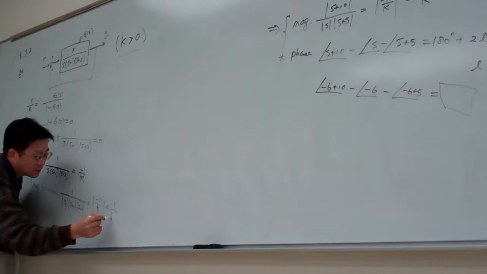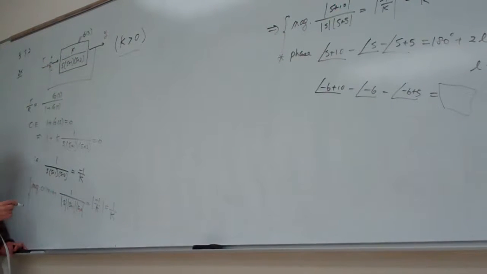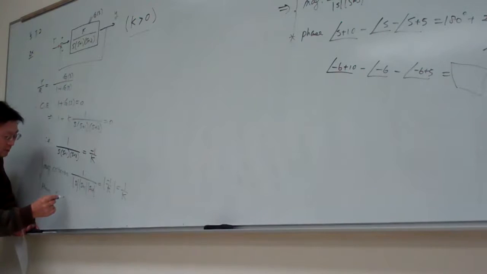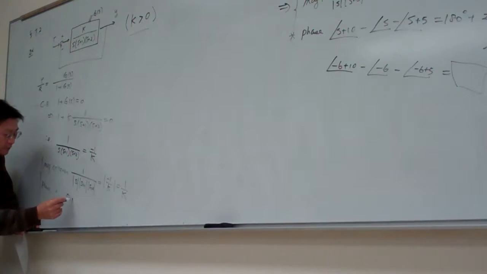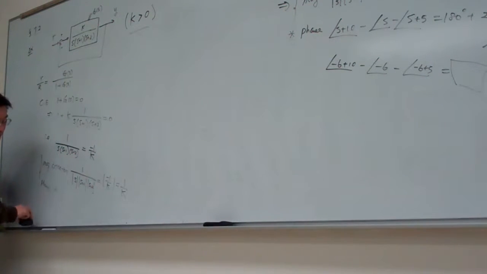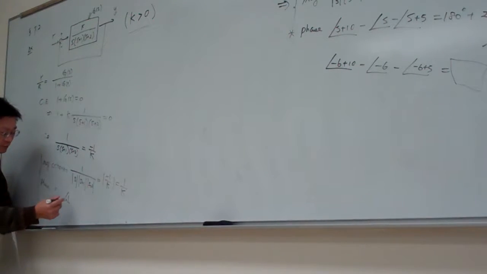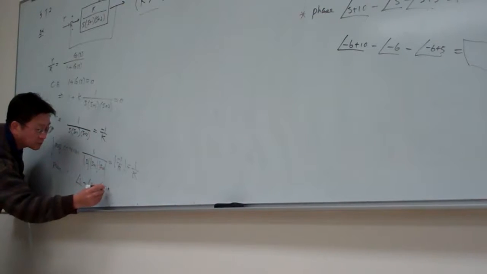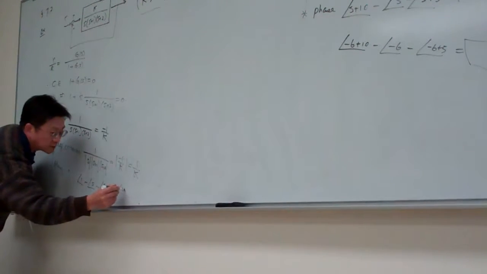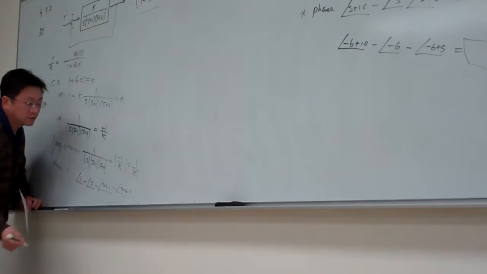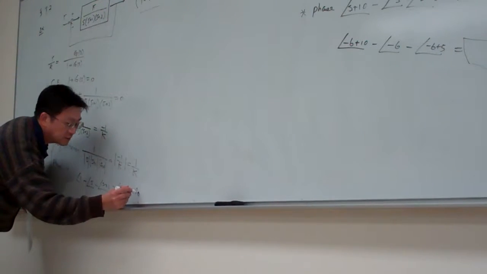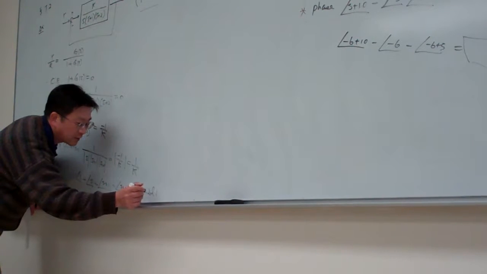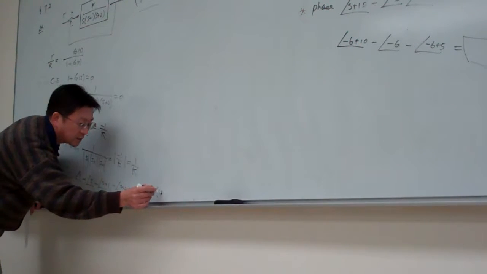And because K here we assume is positive, it is this one. And the phase angle criteria is 0 minus the phase of the numerator, minus the phase of s, minus the phase of s plus 1, minus the phase of s plus 2, equal to 180 degrees plus 2L times 180.